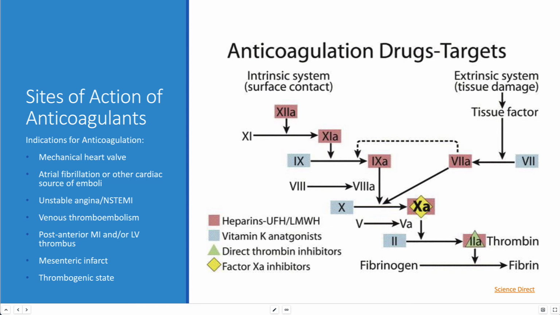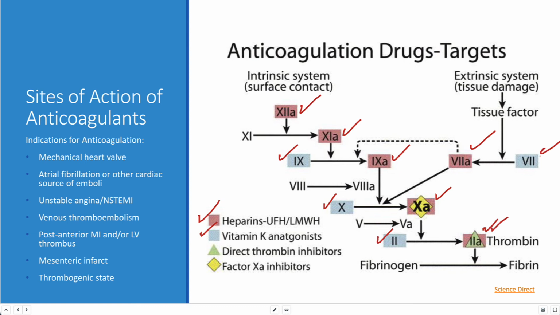Well, the heparins, being the unfractionated heparin and low molecular weight heparins, all have their function at these places with the red box. Okay. What do you notice here, though? Vitamin K antagonists have their function here at the blue. And where does everything come together?